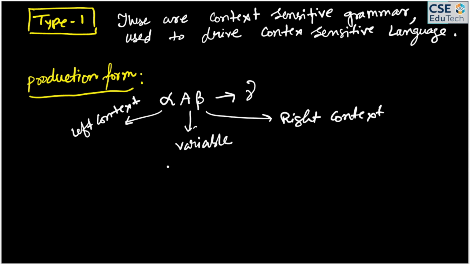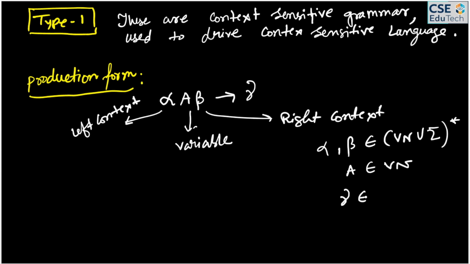So alpha and beta belong to Vn union sigma star, A belongs to the non-terminals, and gamma belongs to Vn union sigma plus, that means it cannot be empty. So gamma must be non-empty here.